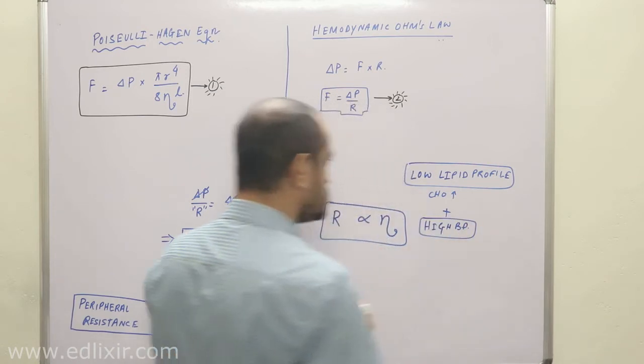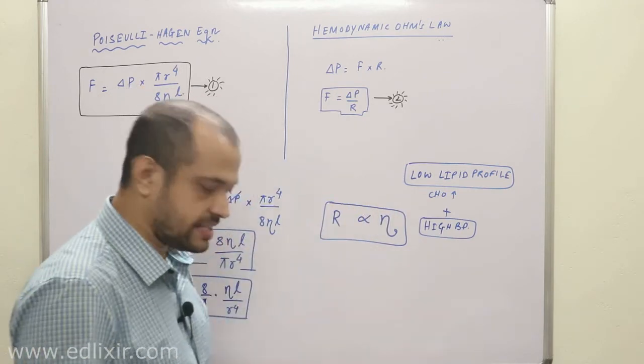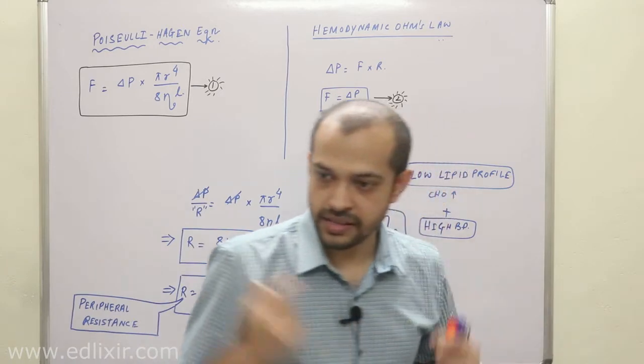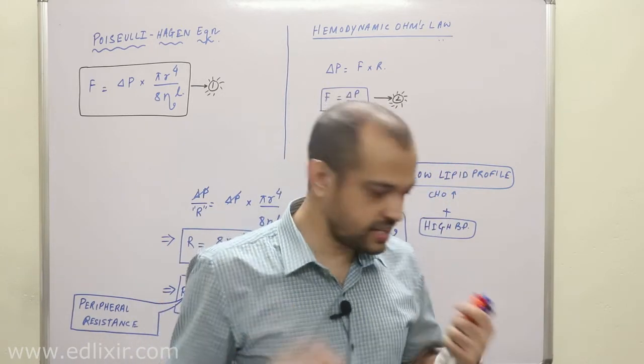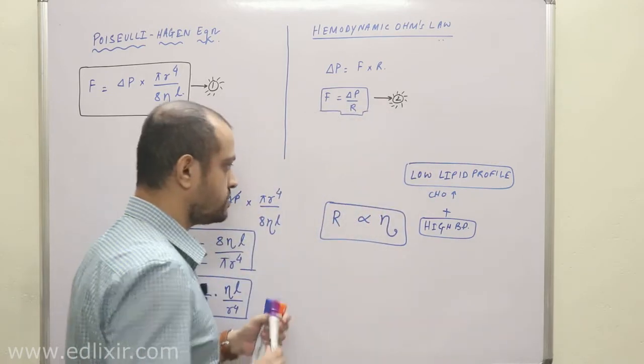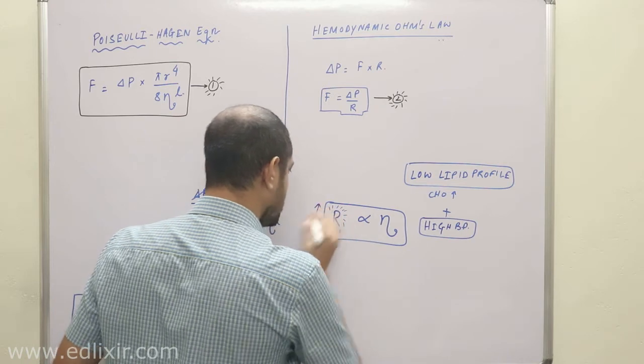If you see these two things, then you can be sure that that person, suppose I am that person, is having a problem in blood flow. That means the resistance has increased.